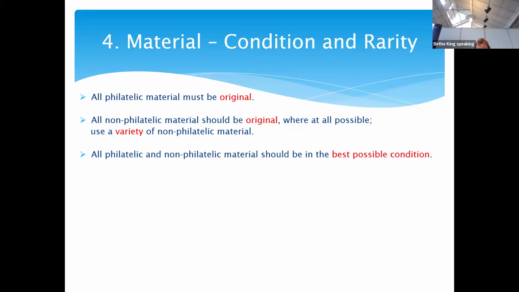And of course, all the material, philatelic and non-philatelic, should be in the best possible condition. It can be very difficult to judge in non-philatelic material, so you have got to indicate to the judges if that is the best condition, and also how rare it might be, which we come to.